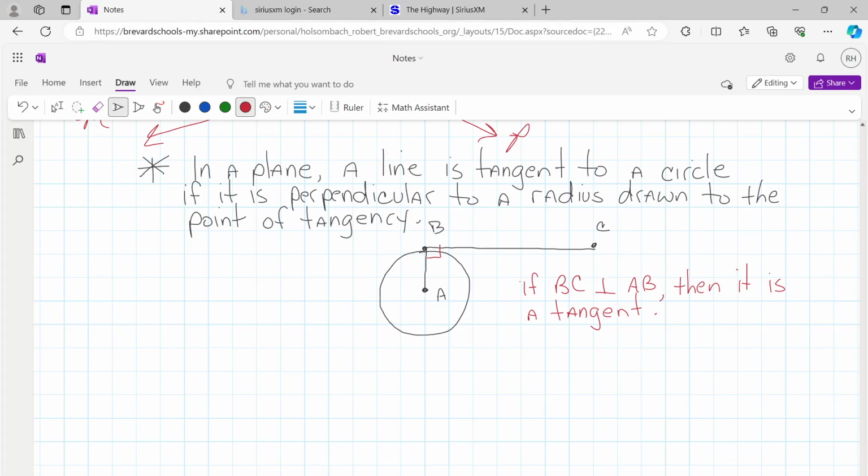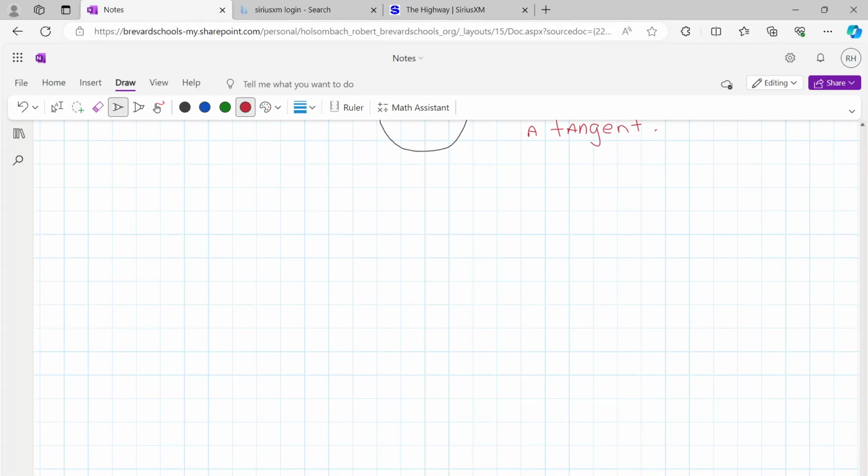So now we can look at example 2. And in example 2, we're told that JL is a radius of circle J. Determine whether KL is tangent to circle J. Justify your answer. So here's the picture we've got.